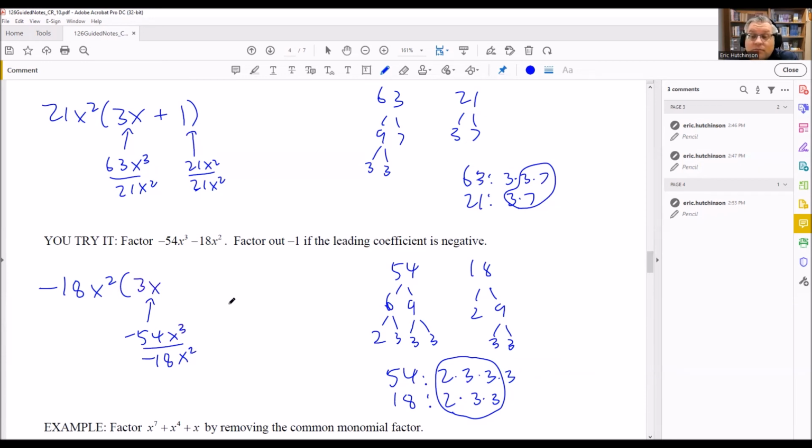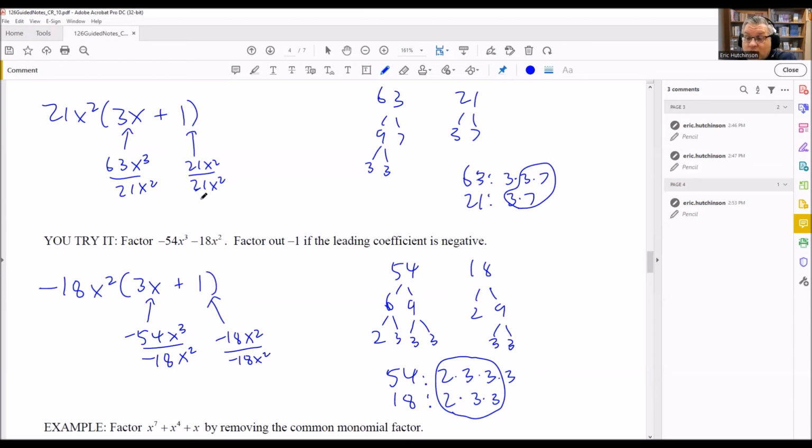So 3x. Then to get the other part that goes over here, we're going to take negative 18x squared divided by the GCF, which is also negative 18x squared. Now that is going to divide out to give you a positive 1. So I'll put a plus 1 there. And that's going to be what goes in for that.